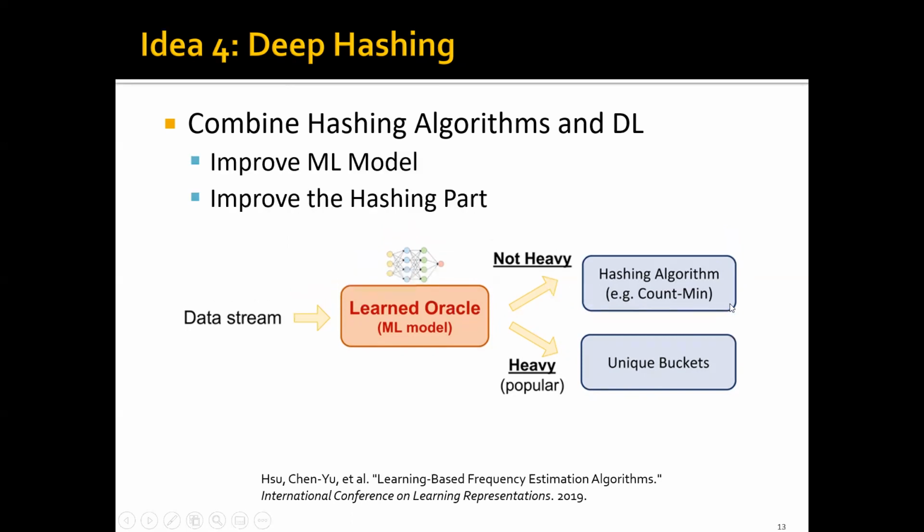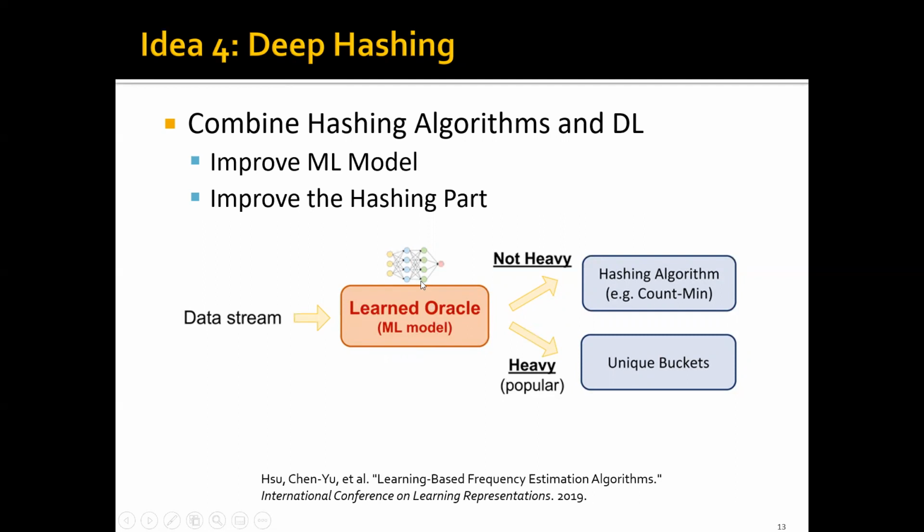Now, one idea of extending this is that we can consider whether or not to improve these machine learning models. For example, in this original paper, they only consider using a very specific and very simple neural network to classify whether or not this is a heavy hitter.